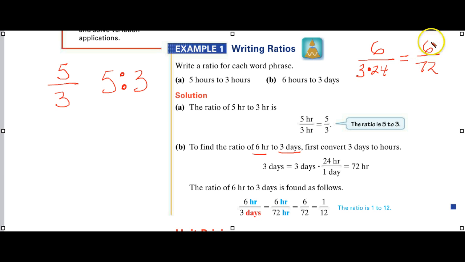Now, again, generally, this is your basic ratio, but you'd want to simplify this and take out any common factors. Well, 6 goes into 6 once, and 6 goes into 72 12 times. So your ratio eventually here would be 1 to 12, or 1 over 12.